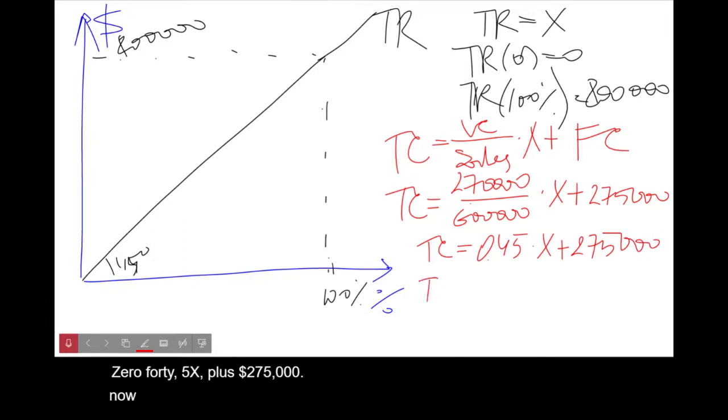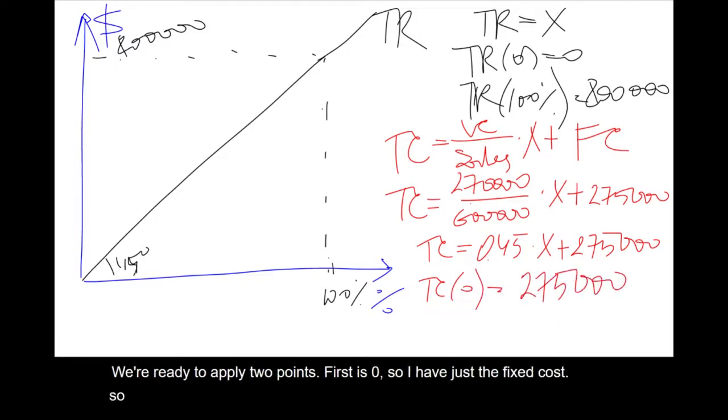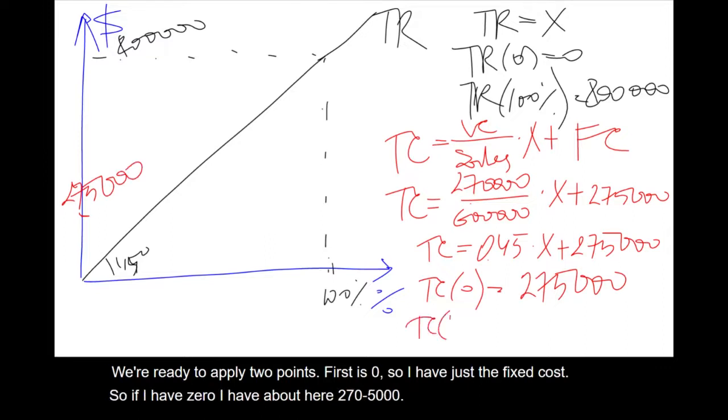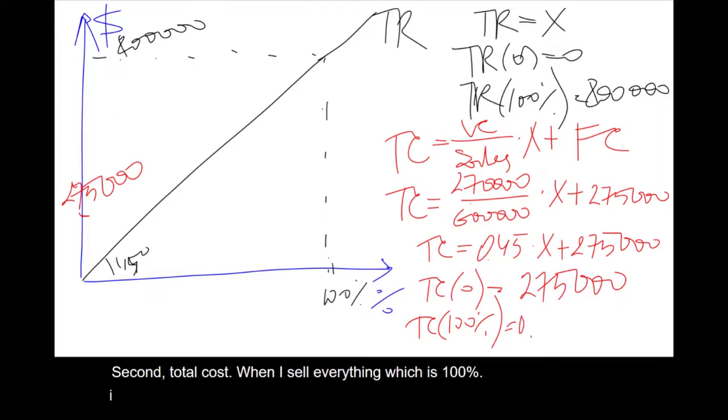Now we're ready to plug 2 points. First is 0, so I have just the fixed cost, right? So if I have 0, I have about here 275,000. Second, total cost when I sell everything, which is 100%, I have to plug sales max, right?